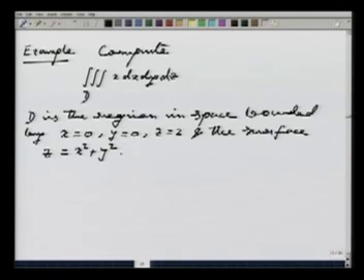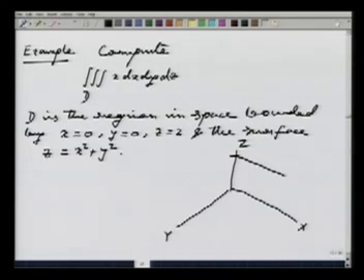Okay. So first let's try to have some idea about the region. This is the z axis, this is the x axis, this is the y axis. Let us say this height is 2. So I will draw lines here.